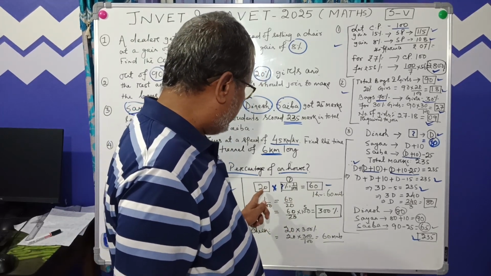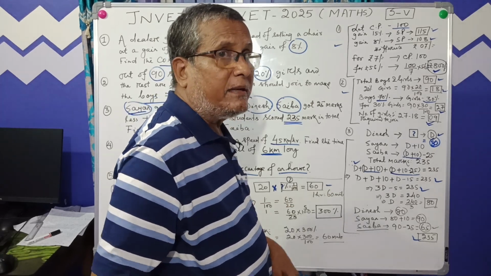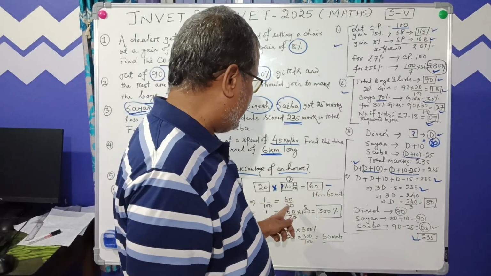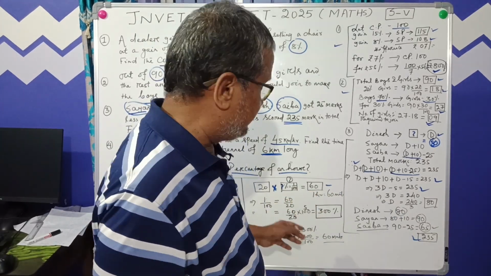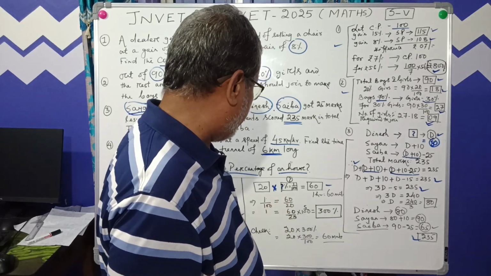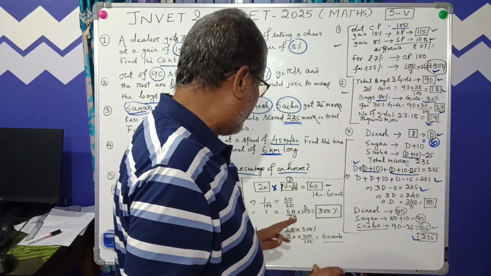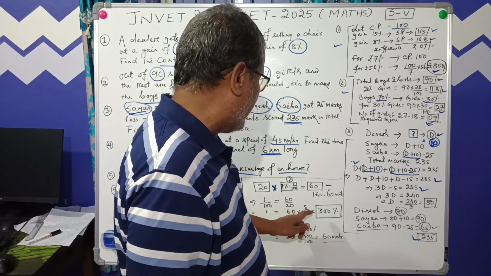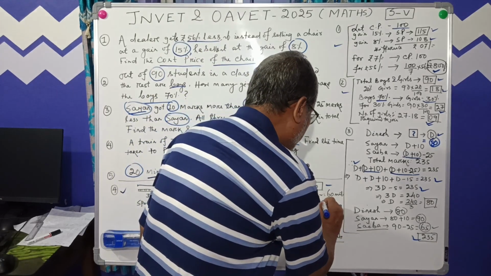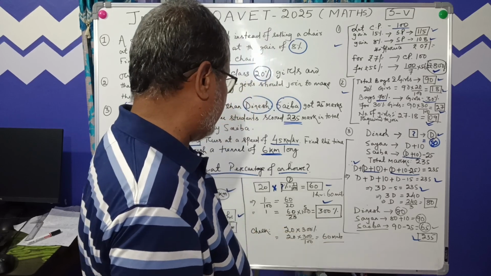Okay. Here it is multiplied on the right side, that is RHS, it will be division. So divided 60 by 20. Okay. For the whole percentage, it will be 60 by 20 into 100.